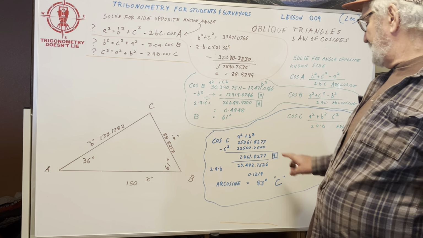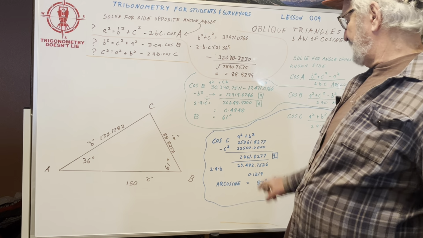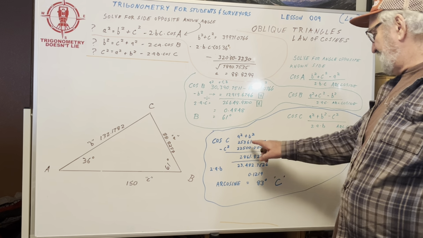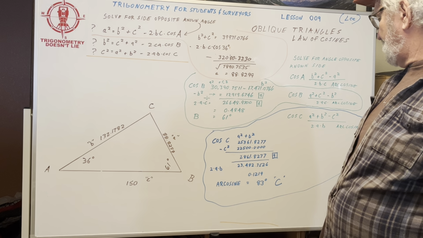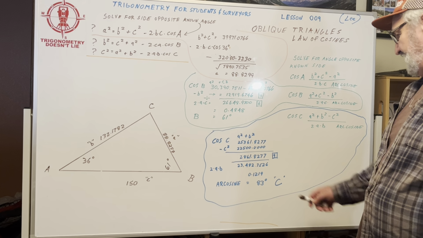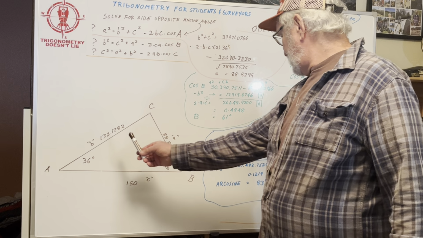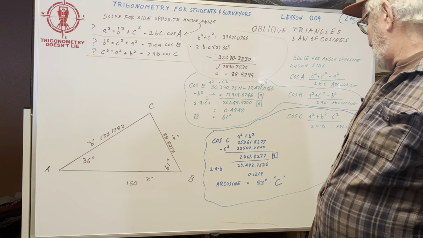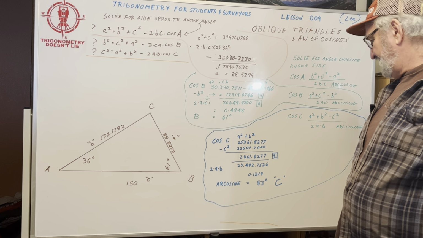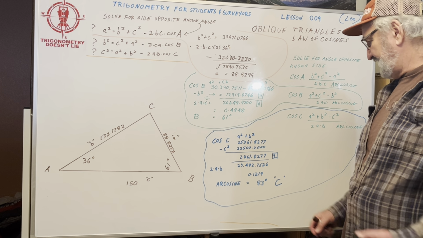C is the cosine of a squared plus b squared, and that's that number, minus c squared, which is that number here. And then 2 times a times b, and that's that number, and then you divide those, and you get 0.1219.